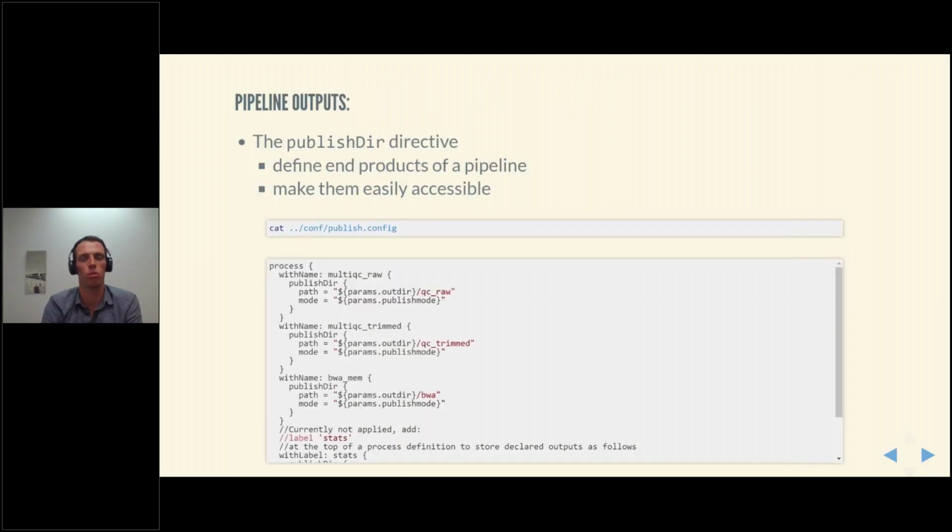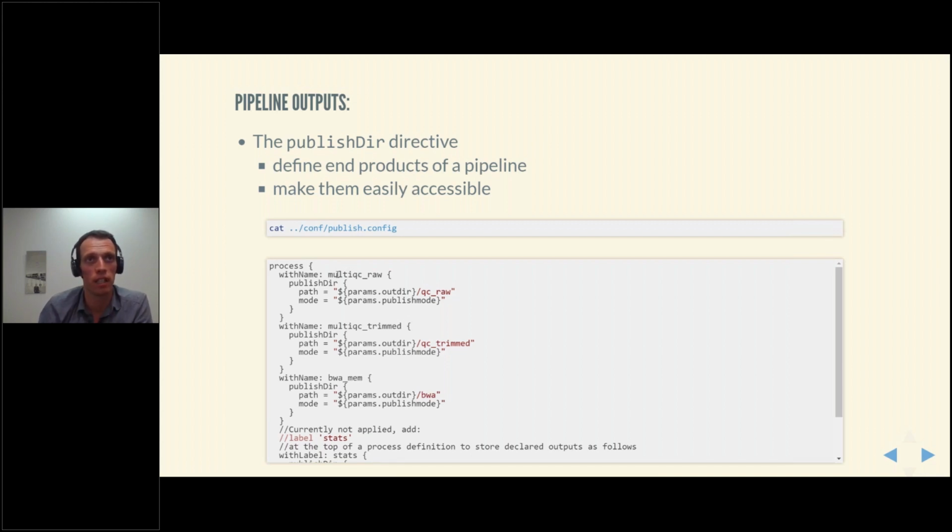Okay, pipeline outputs. As mentioned earlier, you've got those work directories, which are pretty hard to navigate, not being particularly readable with all the hashes. There is a publishDir directive, which tells Nextflow to capture specific outputs and put them somewhere where a human can find them easily.